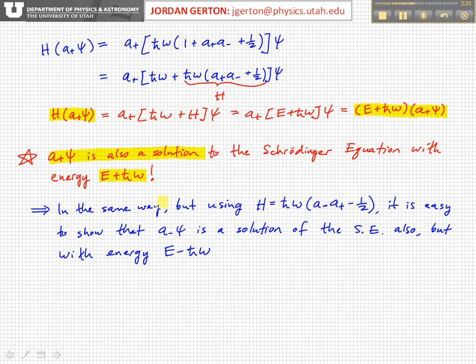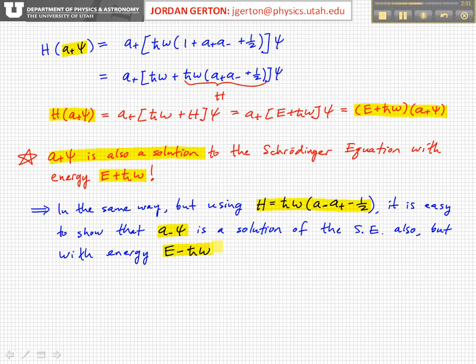Okay, so instead of a plus psi, we applied to a minus psi this other form of the Hamiltonian operator. What we'd find is that a minus psi is again a solution of the Schrodinger equation, but now with energy e minus h bar omega. So that is the energy that we started with minus the quantity h bar omega. And so now we see maybe why we call these the raising and lowering operators.